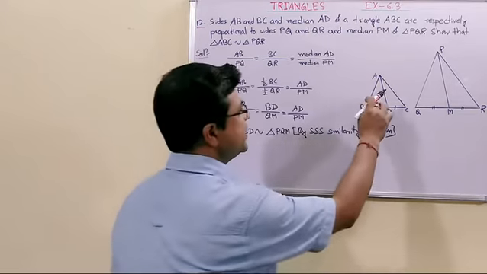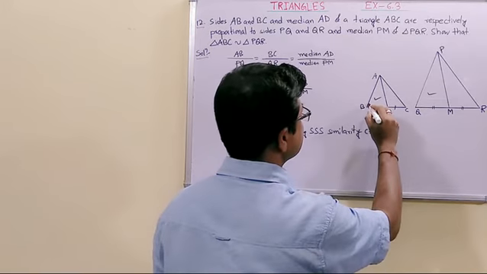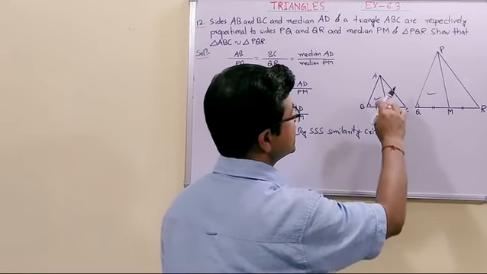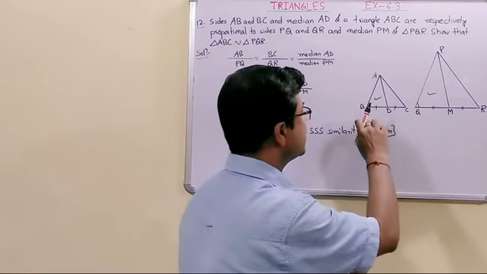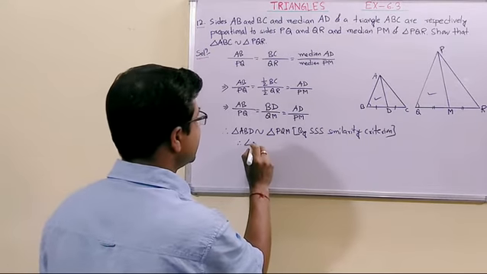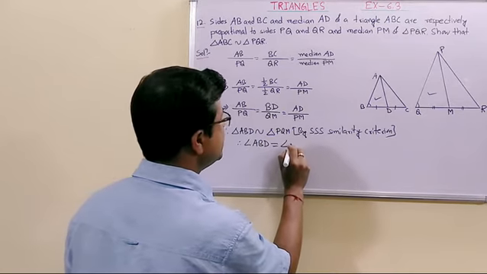Now if these two triangles are similar, can you write these two angles are also equal? Because if the triangles are similar, corresponding angles are also equal. Its corresponding angle is this one. Therefore, we can write angle ABD is equal to angle PQM.